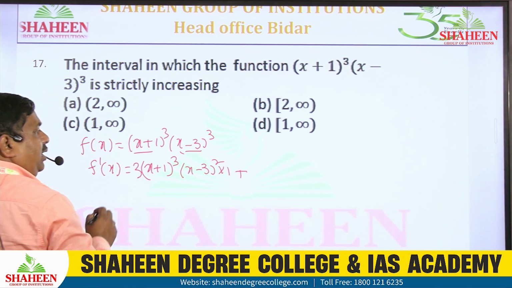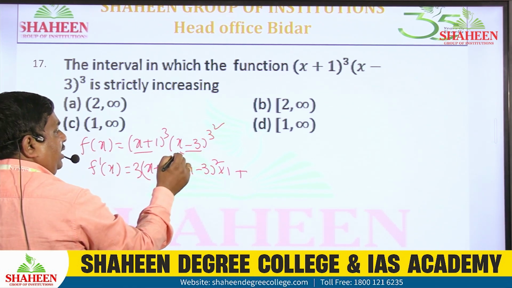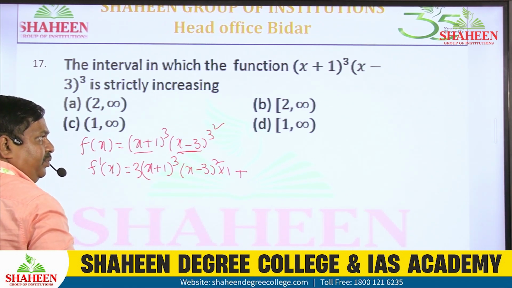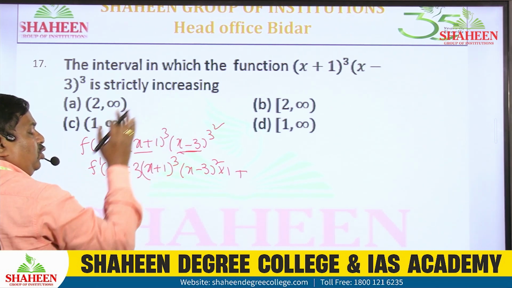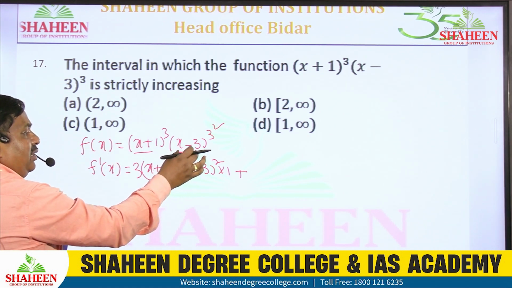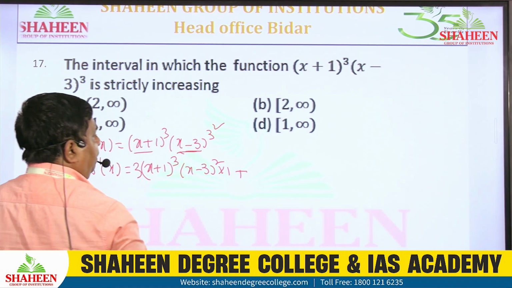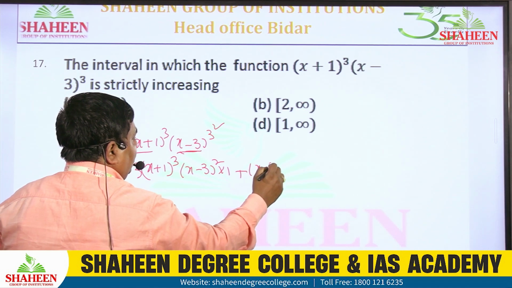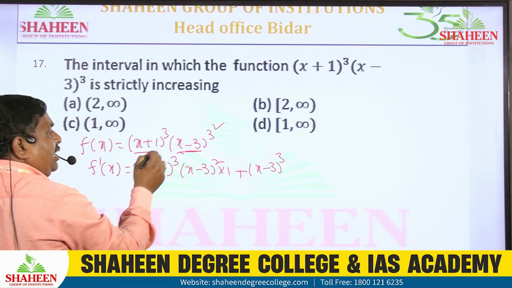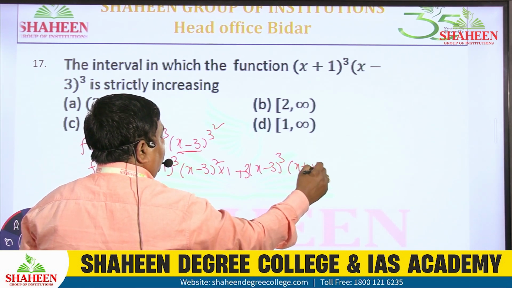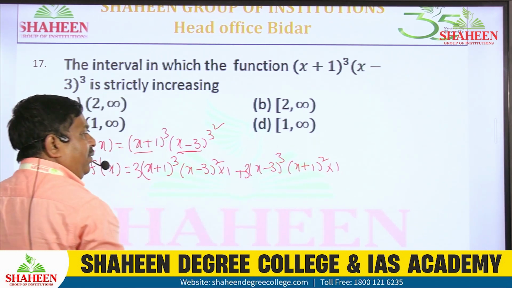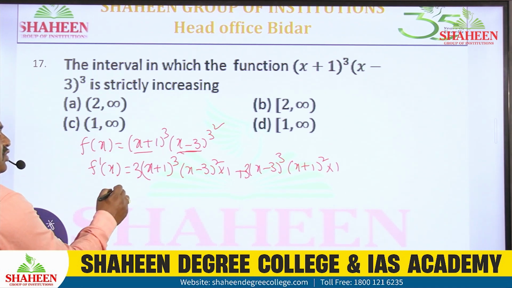Here first we are differentiating the power, then the base. This is the chain rule. Plus x minus 3 whole cube as it is, and x plus 1 whole cube derivative is 3 into x plus 1 whole square into x plus 1 derivative, which is 1. Let us factorize this.